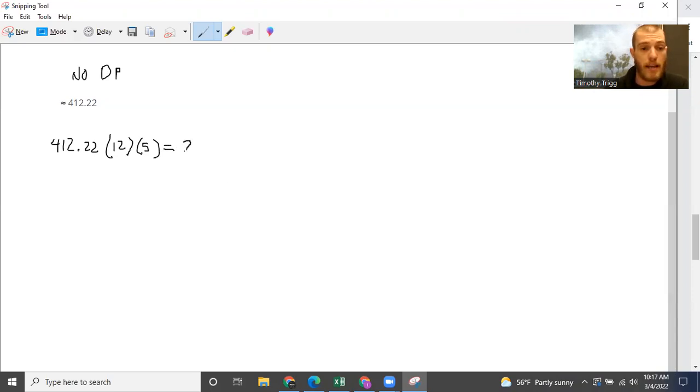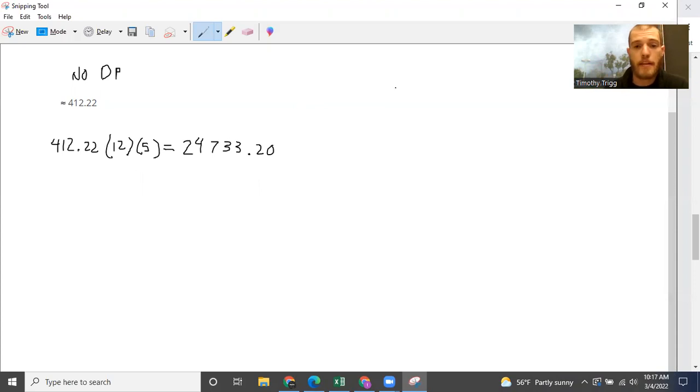This, she would pay a total of $24,733.20. Okay, so under this scenario with no down payment, she's going to make a $412.22 monthly payment, and this is how much she would pay over the 5 years, $24,733.20.